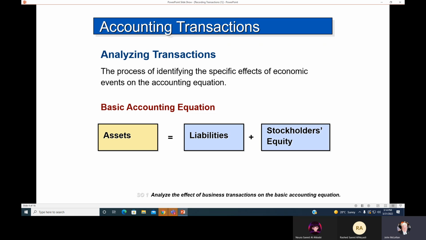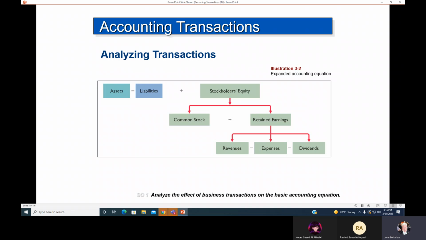It goes down every time the company pays an expense, and it goes down when the company pays the shareholders dividends. So those are the five categories of accounts that we want to analyze: assets, liabilities, revenue, expenses, and dividends. Keep in mind, a business transaction will affect two of these.